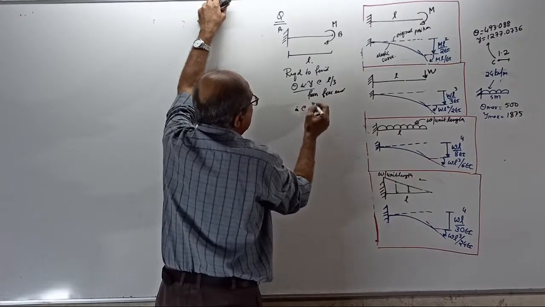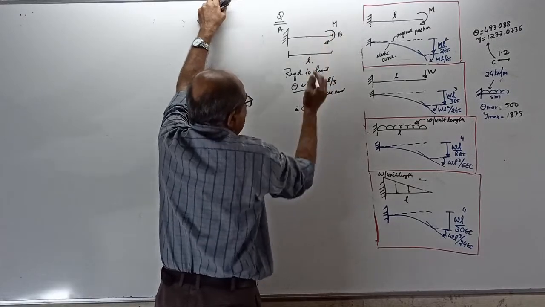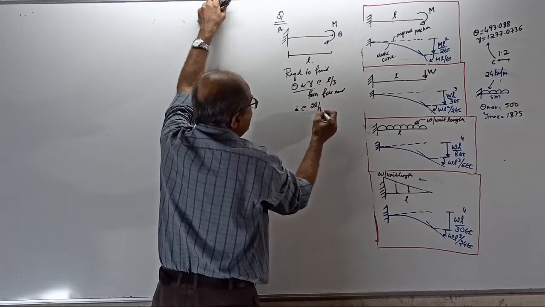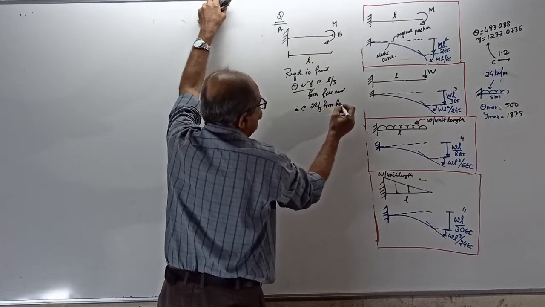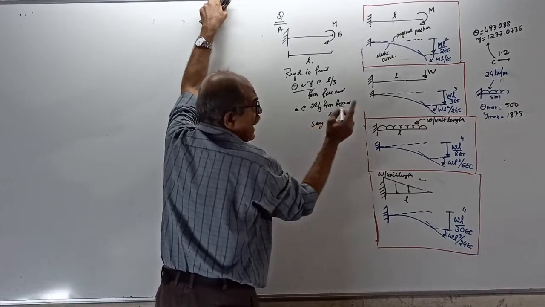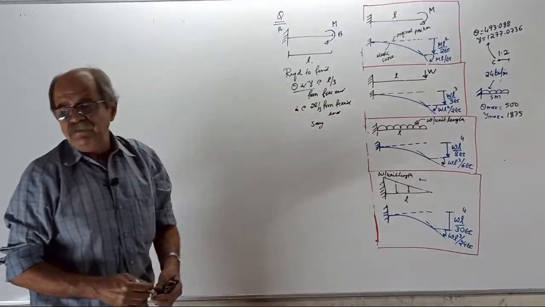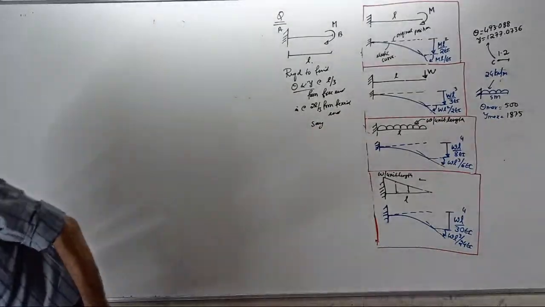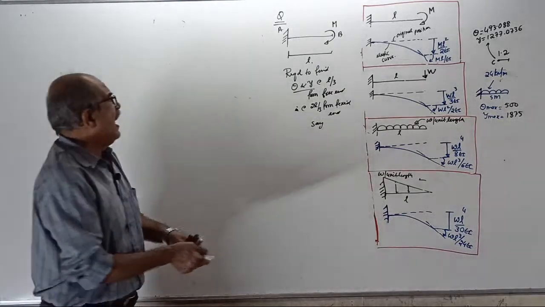That is at what? 2L by 3 from the fixed end. Don't memorize the fixed end. Say a new random point. It is a random point, new point. I will take the point as red color R.